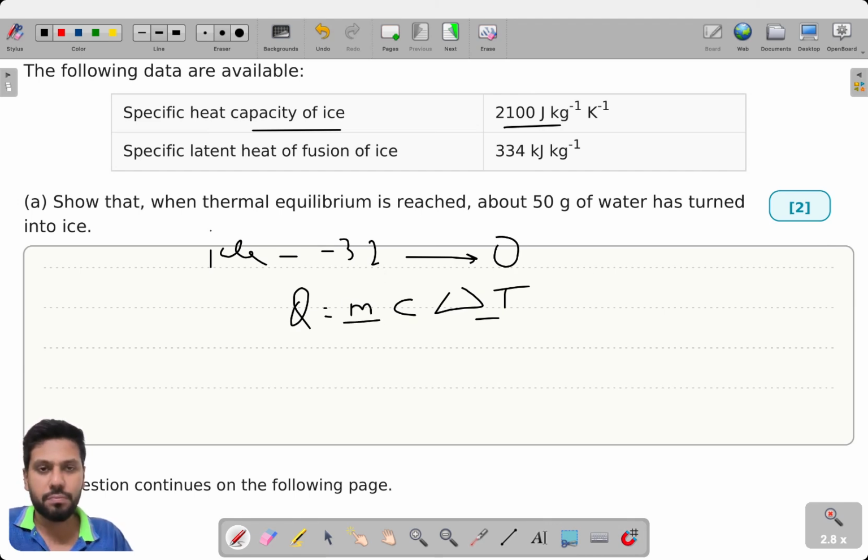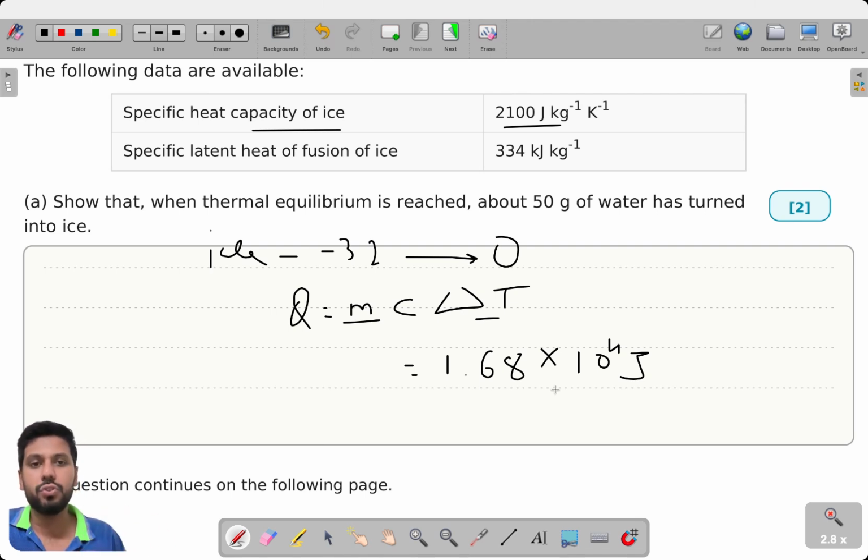When you plug in all the values, you get somewhere around 1.68 into 10 power 4 joules. This is the energy that goes to the ice, because ice is cooler.